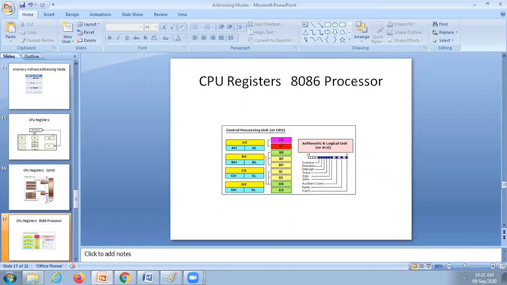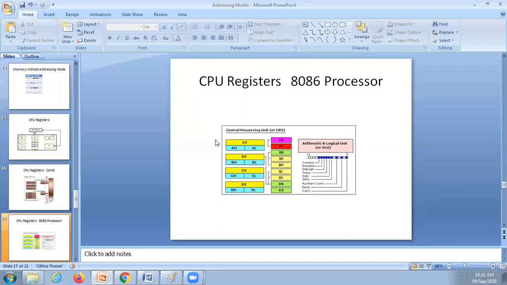Here, this is the 8086 processor CPU registers. Is it visible to all of you? Yes, sir. Here there is AX. AX is a 16-bit register.